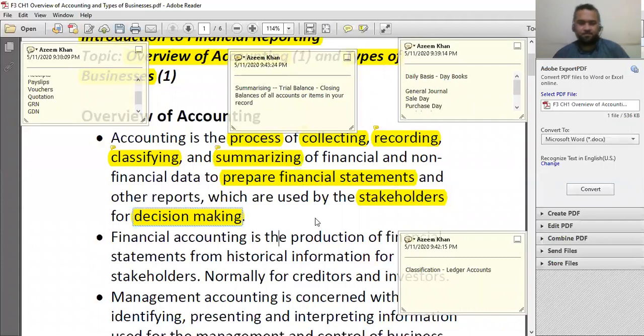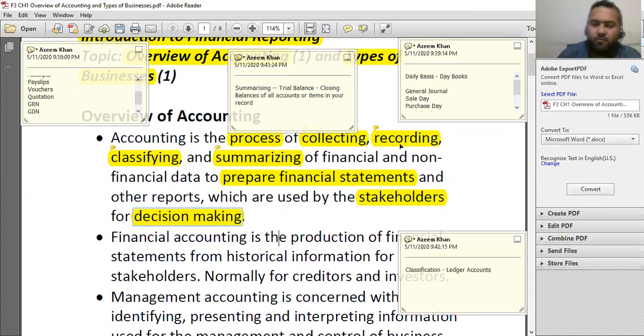So if you look, the definition is providing the whole summary, or you can say the overview, of the F3 paper. You start from the collection, you study source documents, then you move to the recording, how to record different items from chapter number 3 onward up to chapter number 5. Clear?